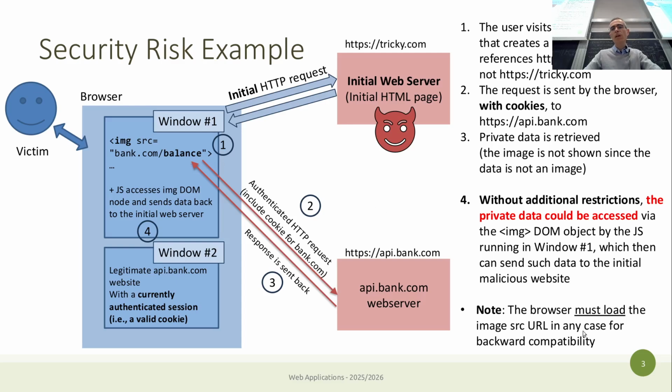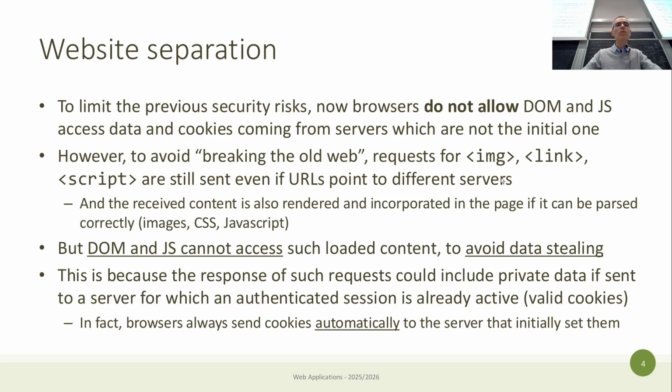And so the browser must load, in any case, all SRCs, all URLs that it encounters in the page, okay? That is basically for backward compatibility. And so what's the point? The point is making sure that the page cannot access the information that is sent back from the server unless the server, the API server, agrees that it's a trusted page, okay?